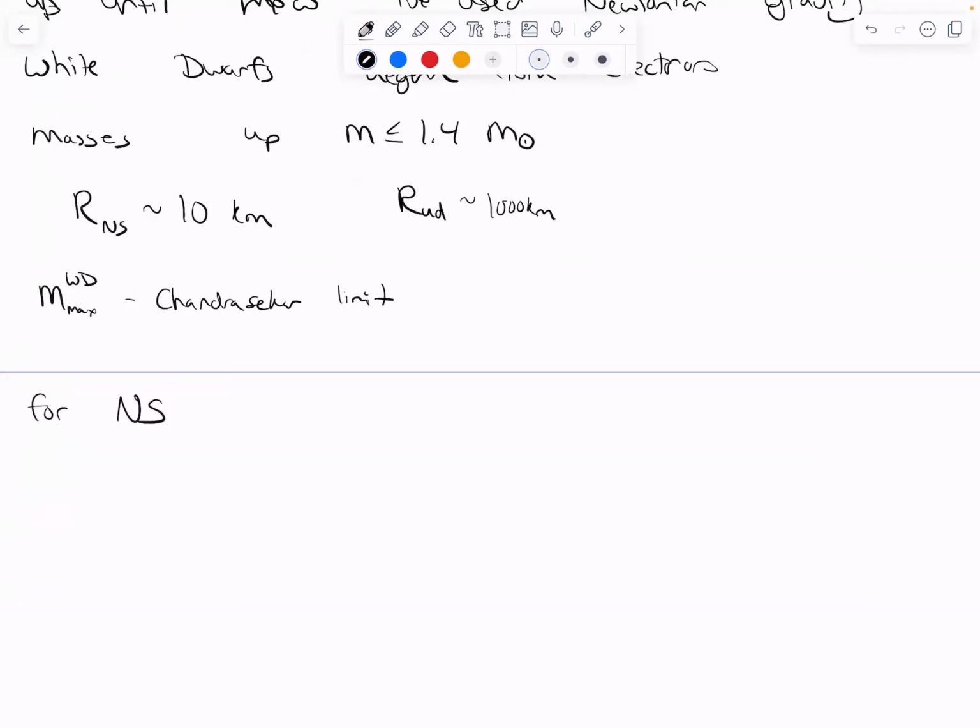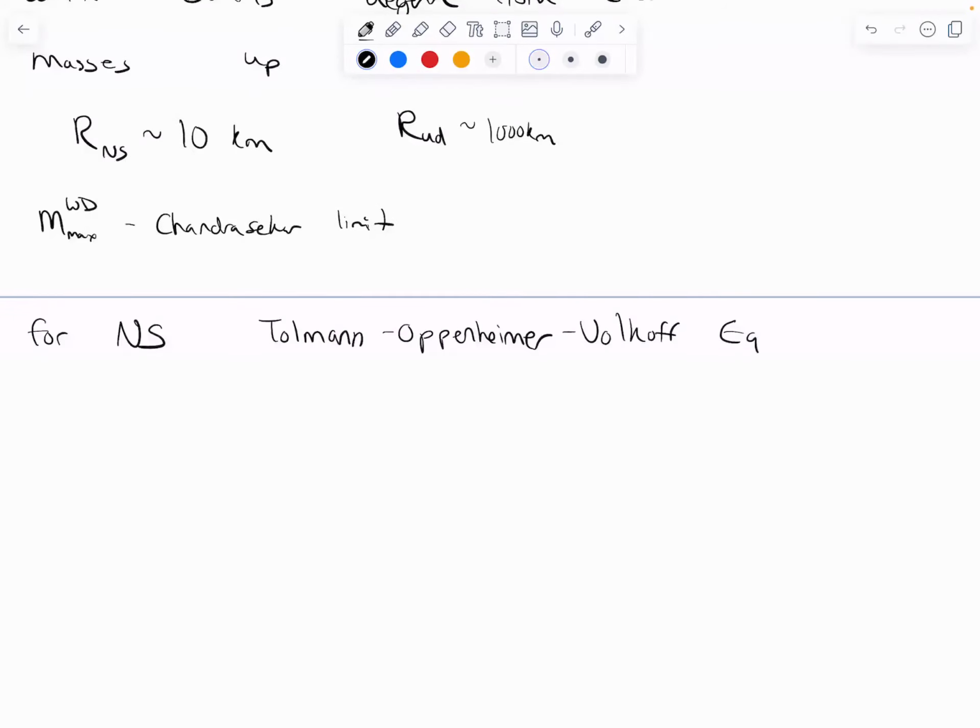And so for neutron stars, we use the Tolman-Oppenheimer-Volkoff equation. And if you have seen the movie Oppenheimer, there's actually a point where they're mentioning getting these equations. And so what are the equations?